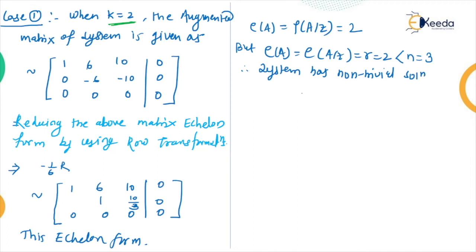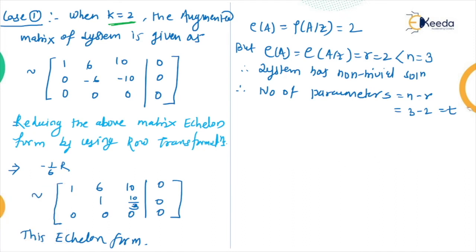And if the system has a non-trivial solution, we have to take a number of parameters. The number of parameters you have to take is equal to n minus r. N minus r is 3 minus 2, which is 1. This means we have to take one parameter.